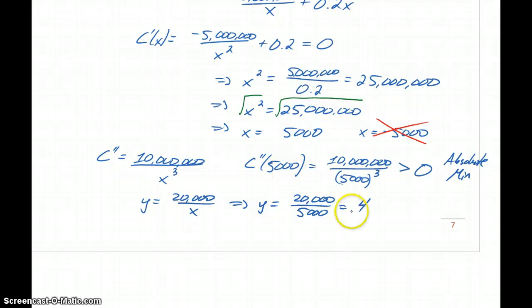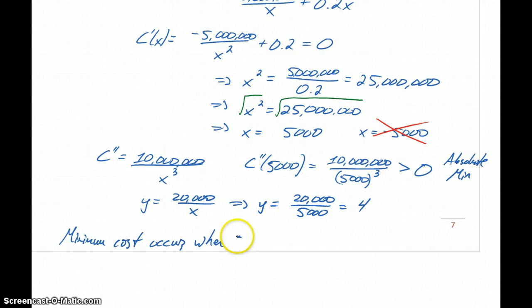So when x is 5,000, y is 4, meaning that we have our minimum cost when 5,000 DVDs are produced four times a year.